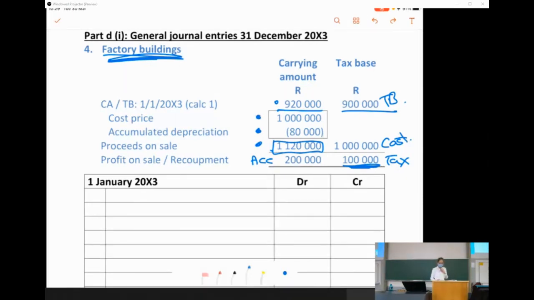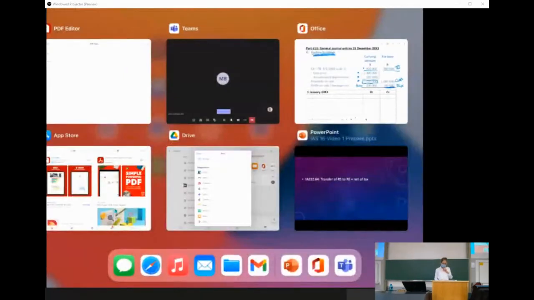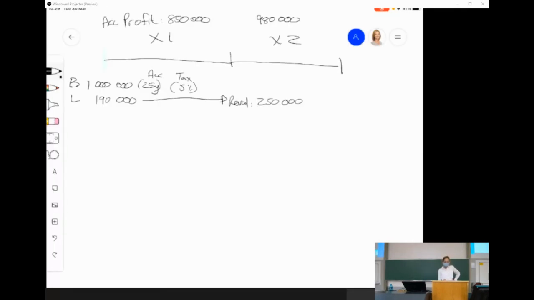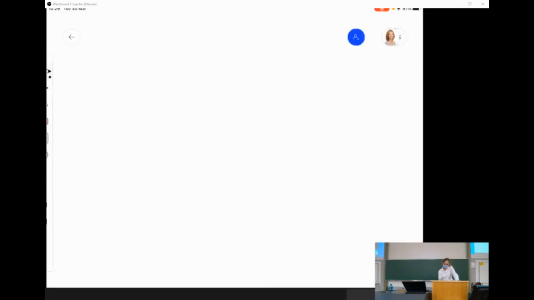Good. Let me quickly open a blank page. So for the buildings, our original cost was 1 million.